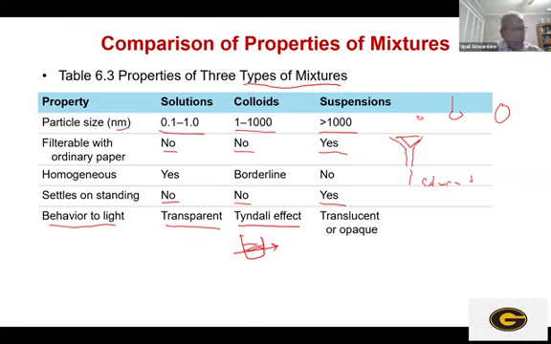Suspensions settle down at the bottom. Therefore, you cannot compare it for transparency or Tyndall effect.